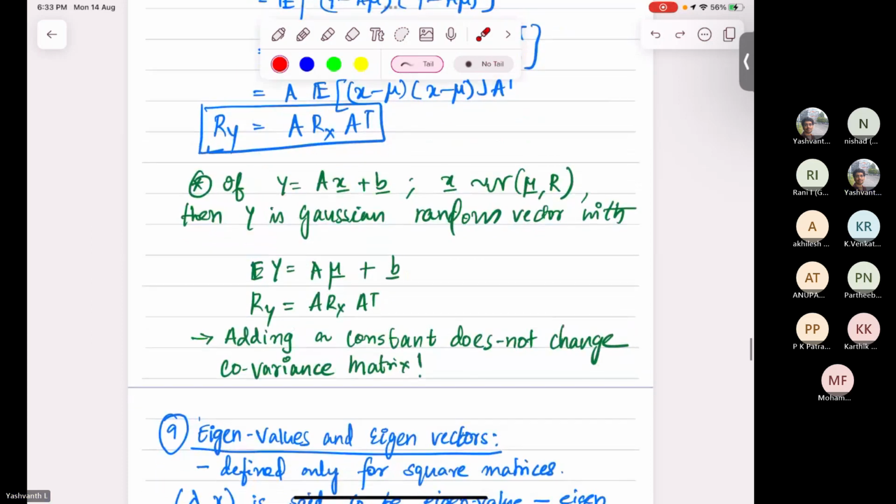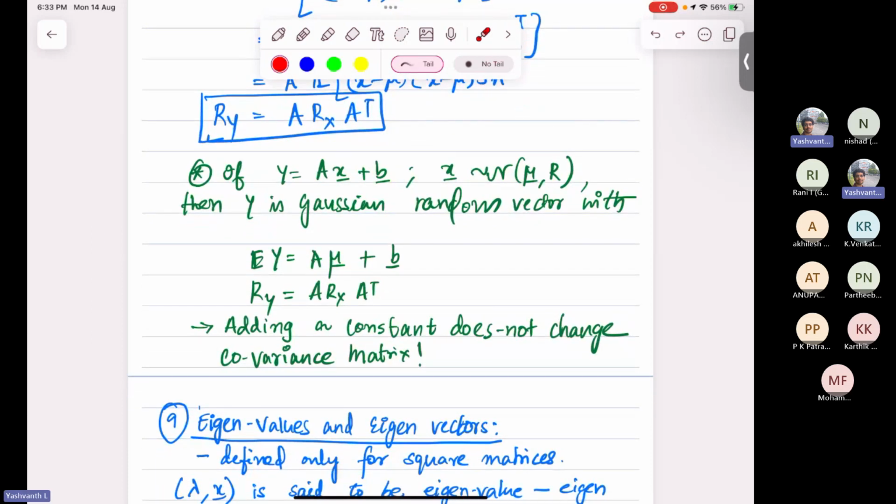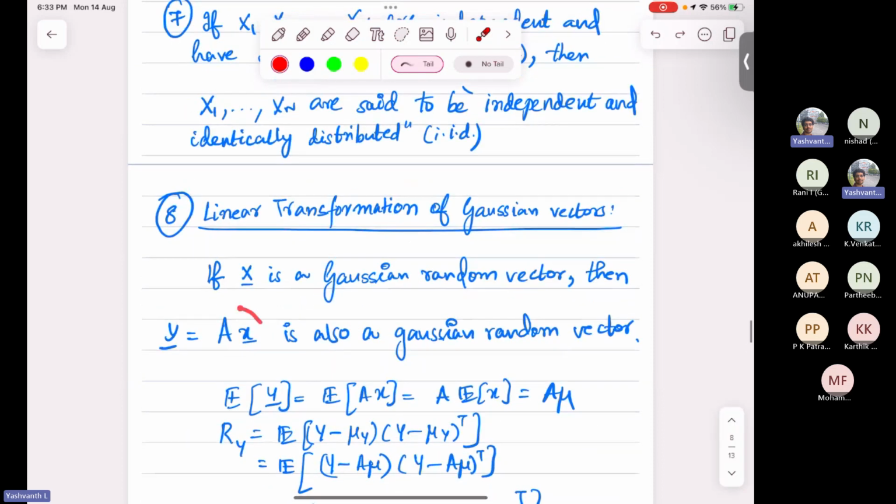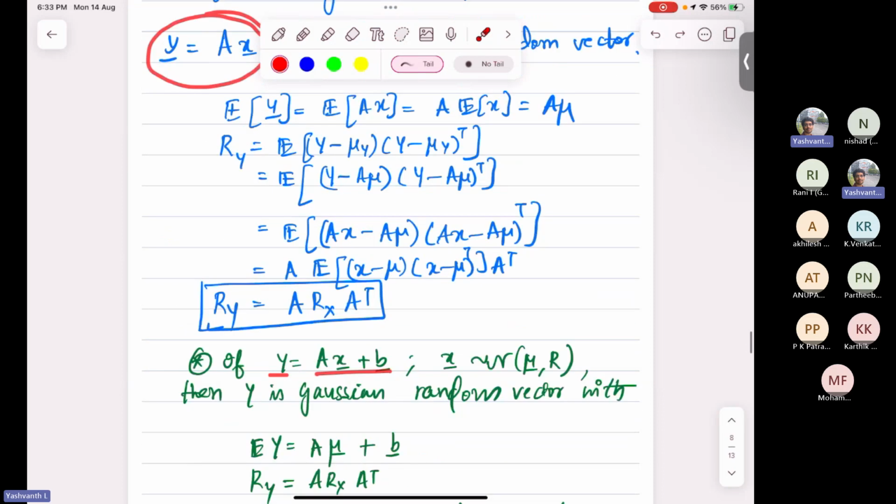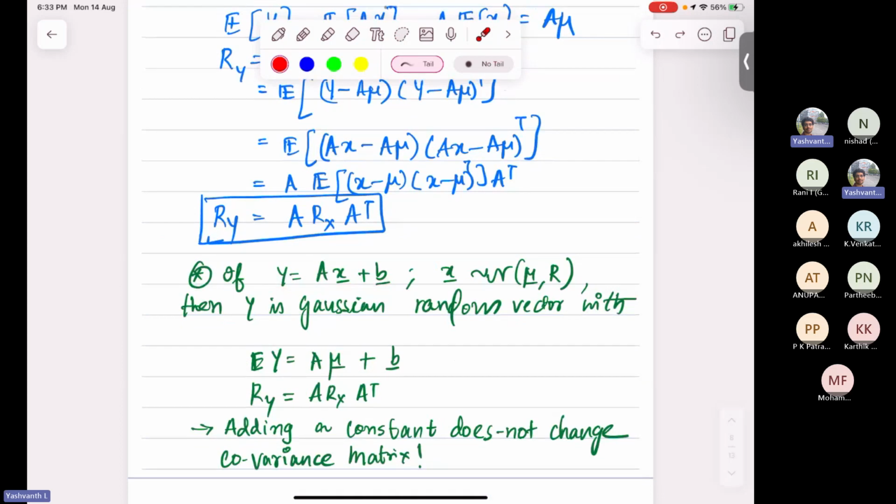Now, suppose y equals Ax plus b. That is, I add another constant vector to this linear transformation. Let's say x is distributed as a Gaussian random vector with mean mu vector and covariance matrix R. Then y is also a Gaussian random vector, with the mean given by A times mu plus b.